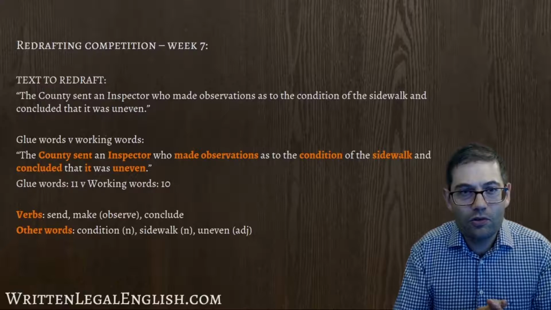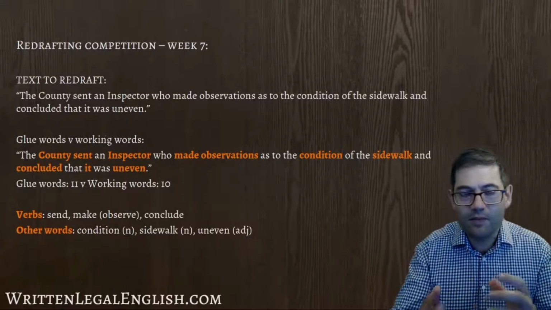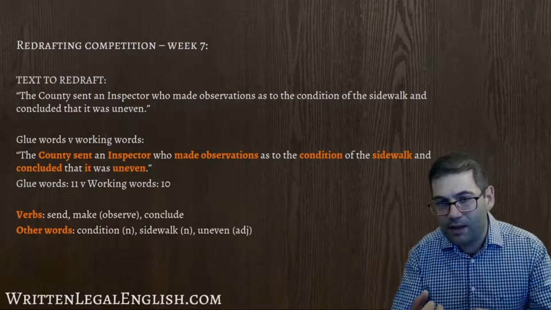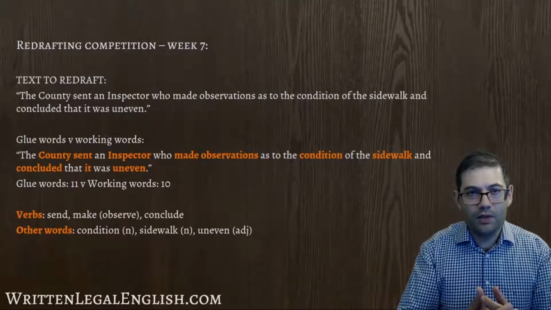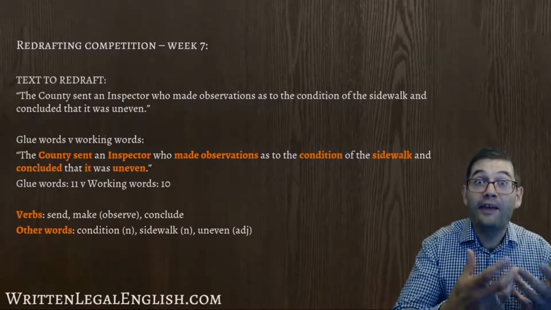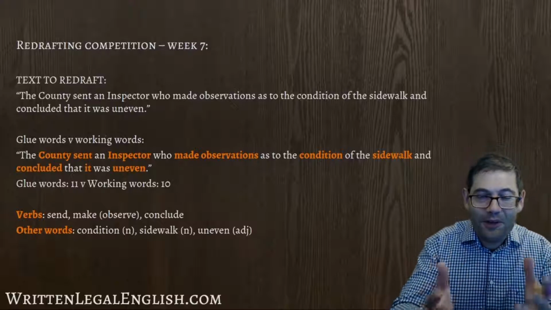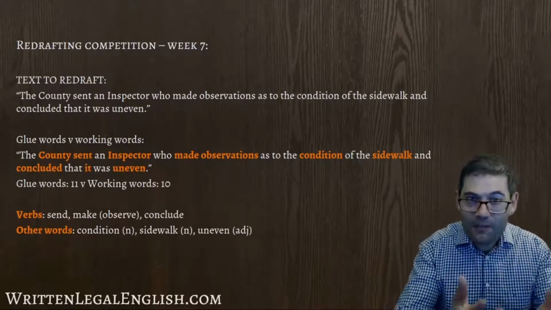Then we've got to choose our verb. What would be the appropriate verb? So the county inspector, or the county, or the inspector, what did they do? And then you've got to think of the object, which is, what are they affecting by what they are doing? It's the thing that's being affected by the person doing something.